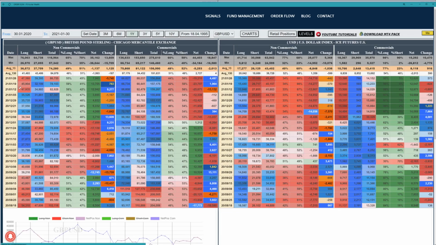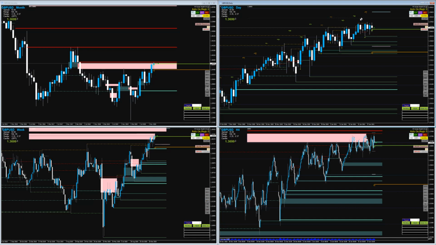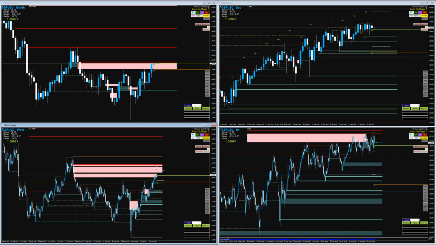I was checking it, but let's look at it. So we are seeing that they have brought in quite big shorts positions, right? They brought like 7k shorts against just 2k, so it's like minus 5k for the pound. So we are seeing it's bearish, and we are actually at this quite monthly level, but here in the weekly, there is still room to go higher.